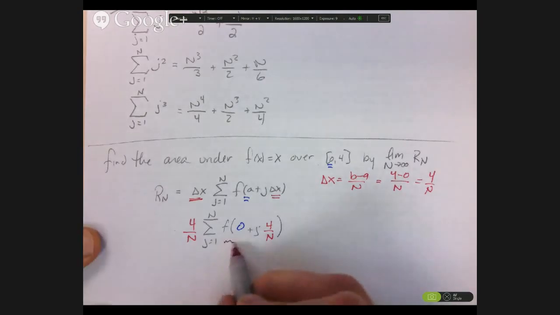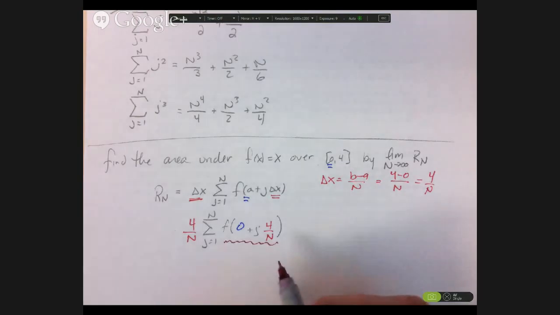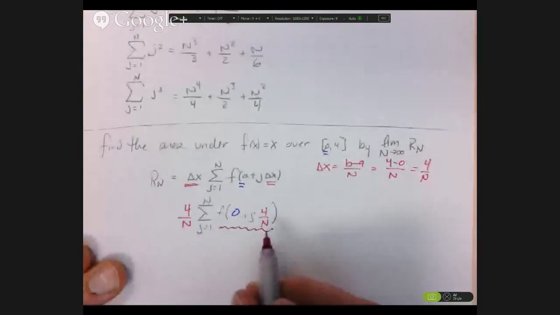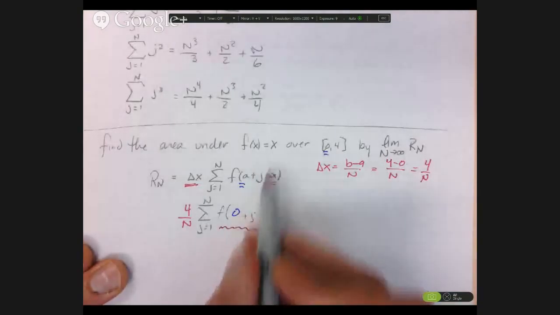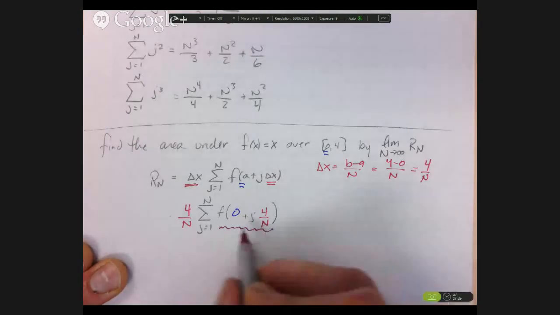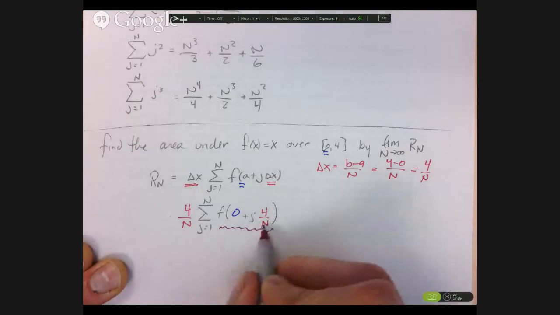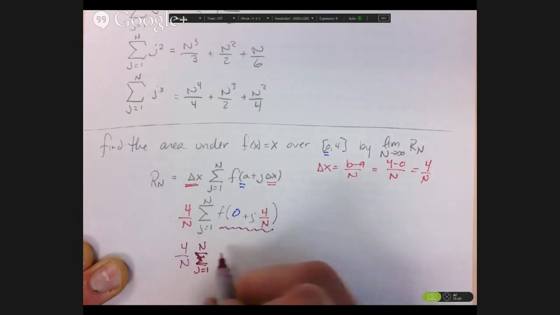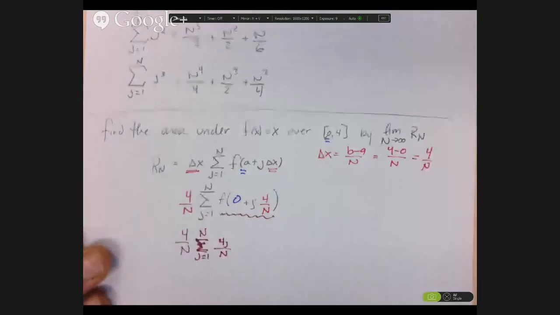Okay, this right here, what does that work out to? If I plug it in for x, that term just comes out, correct? It's just 4j over n. So what I end up with is 4 over n.